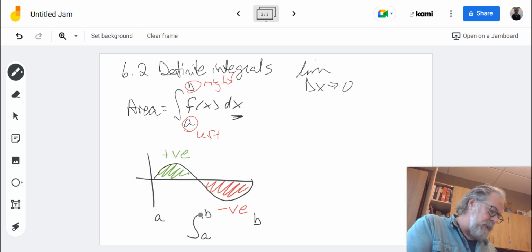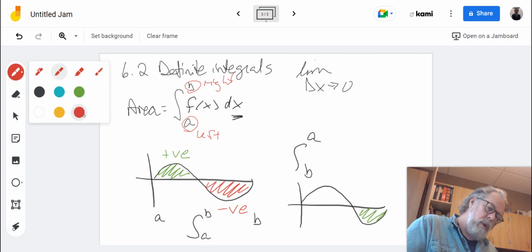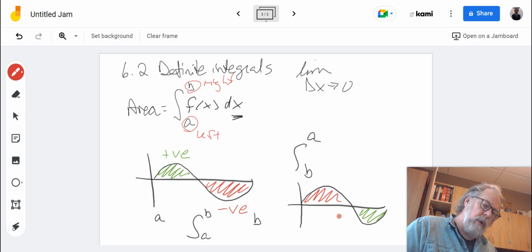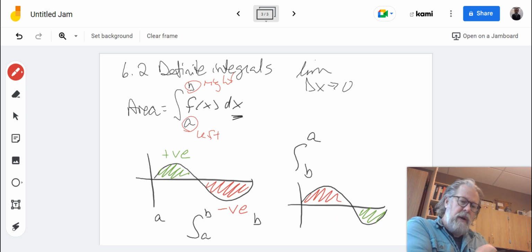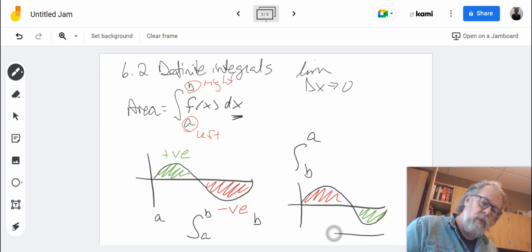If I reverse the process and I go from b to a, the red area will then be positive, and the green area will then turn into negative because I am working my way from left to right.